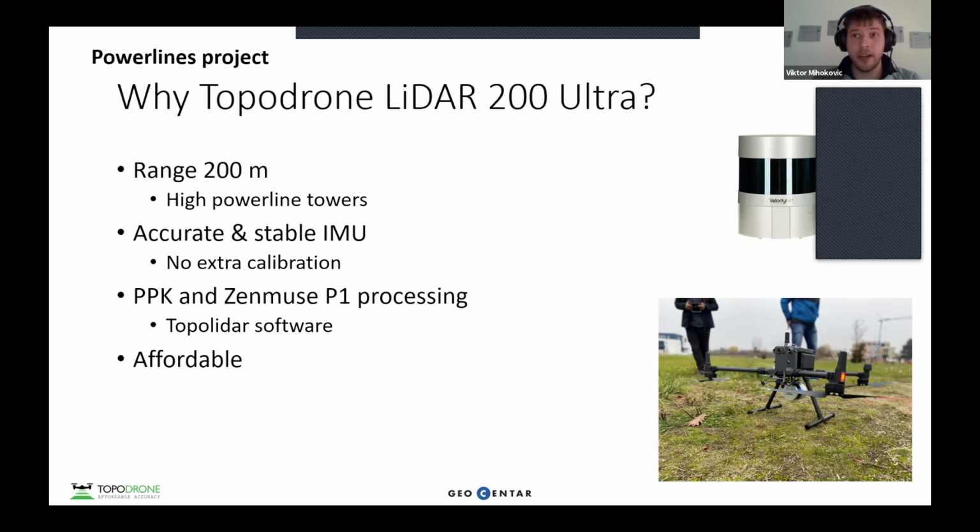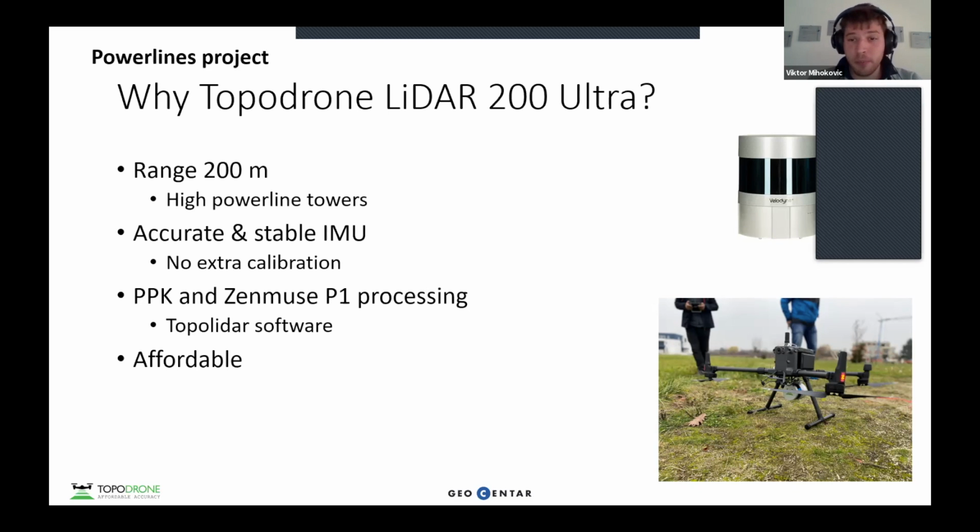It is very important to have an accurate and stable IMU where you do the calibration at the beginning, and that's it. Maybe if you want, you can do the calibration at the end just before you land, but it's not really necessary. So you don't lose your battery to do the calibration of the IMU, and then you can survey much longer power lines with one battery pack.